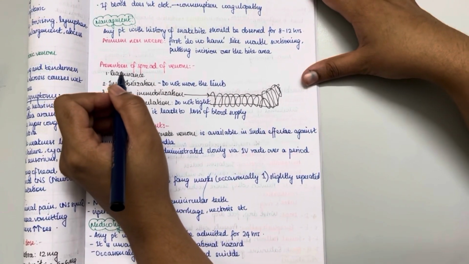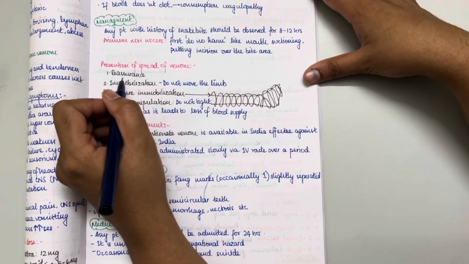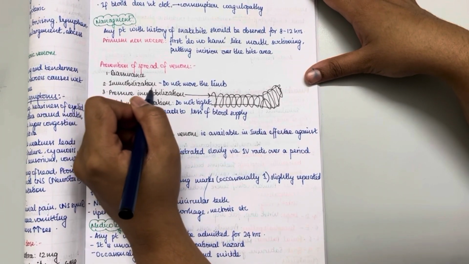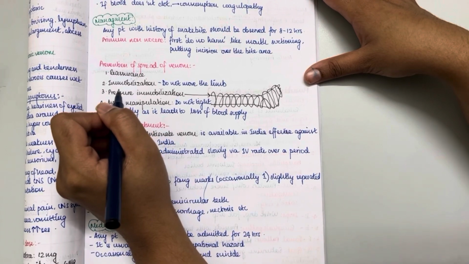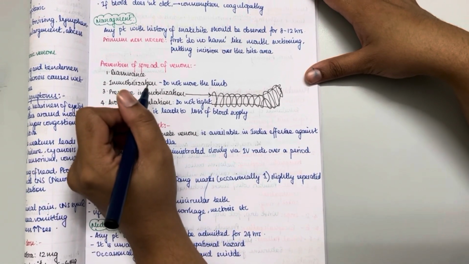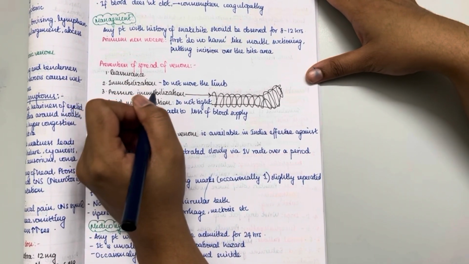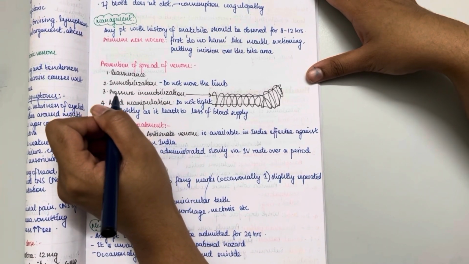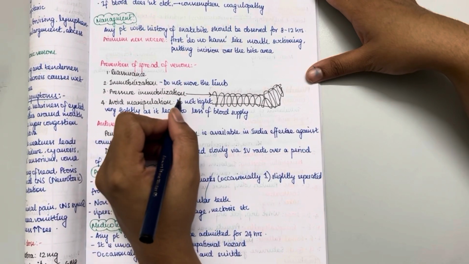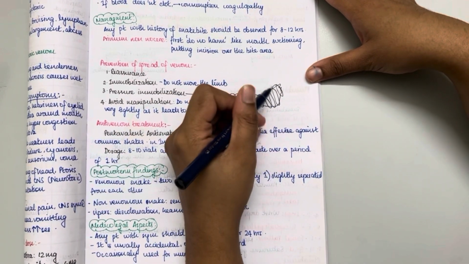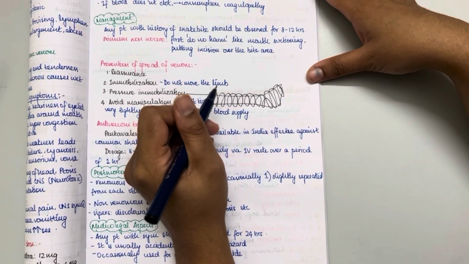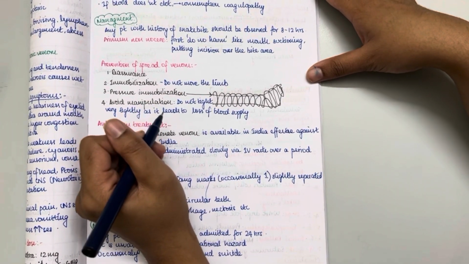Next, we have to prevent the spread of venom. For this, we have to reassure the patient. Next is immobilization, because moving the limb, either hand or leg, will cause more systemic absorption of the venom. So you should immobilize the limb. Next, pressure immobilization, wherein we tie a tight gauze around the limb so that it limits systemic absorption.